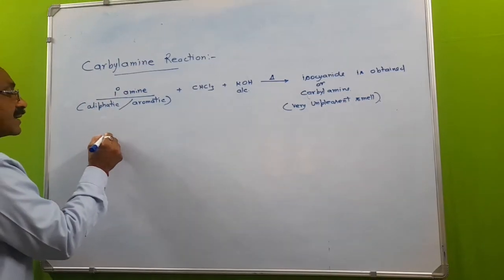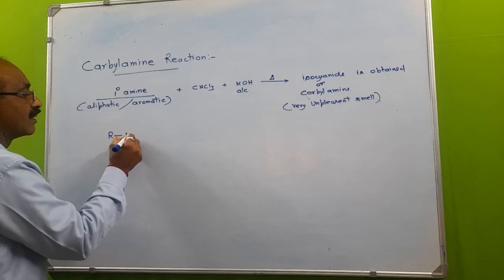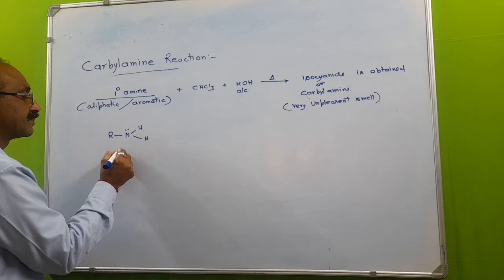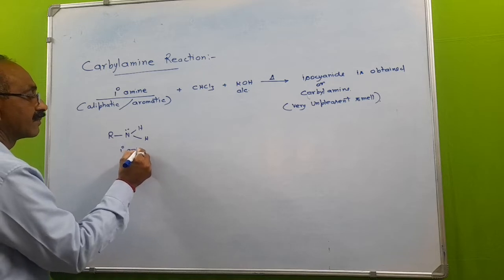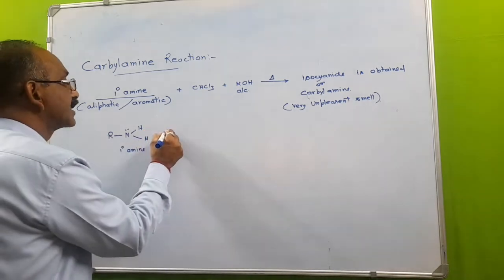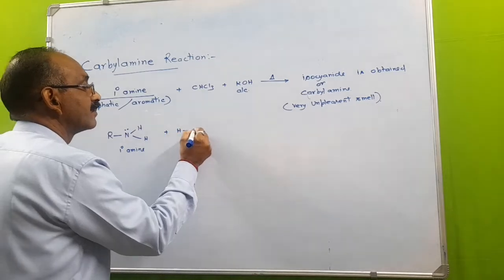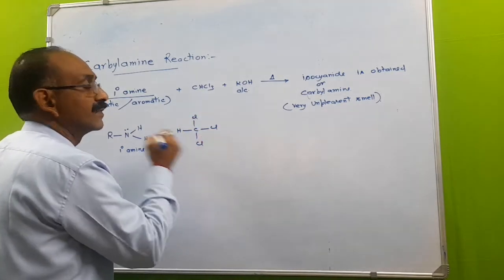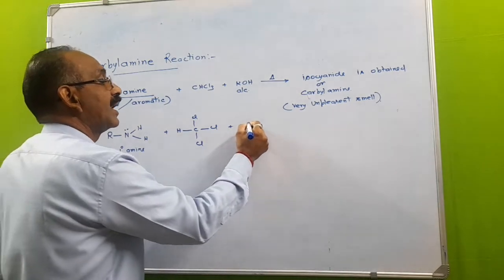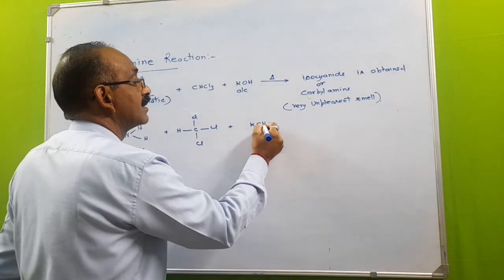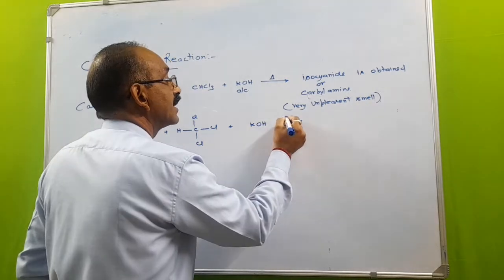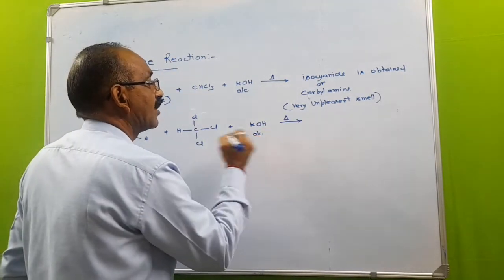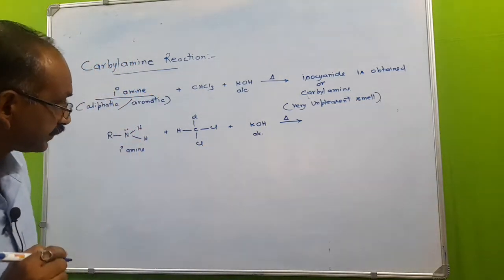Let it be your aliphatic primary amine, and when it is treated with chloroform in presence of an alcoholic alkali and warmed, this one is alcoholic KOH.